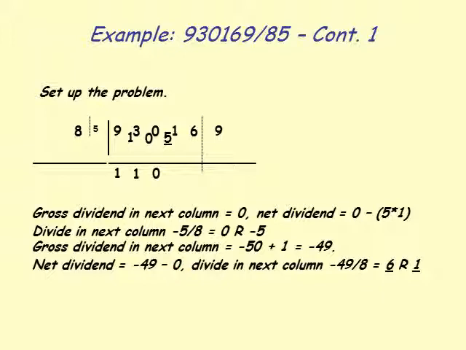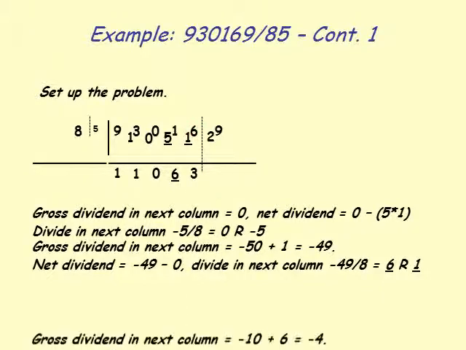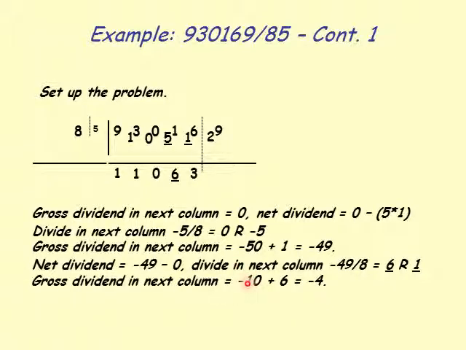So we have minus 49 in this column, and we divide by 8 because we are using only this digit for division. So that gives me 6 negative, remainder 1. So we got 6 negative here and remainder is 1. In this column we have a gross dividend of negative 4, since negative 10 plus 6 is minus 4.